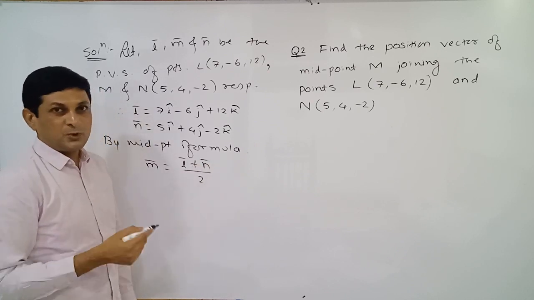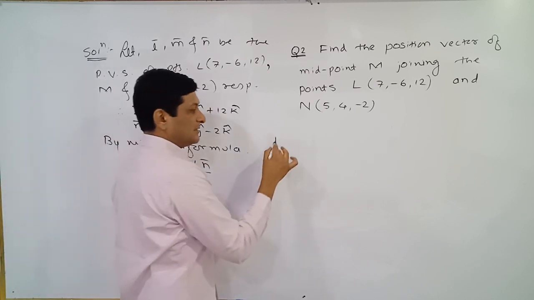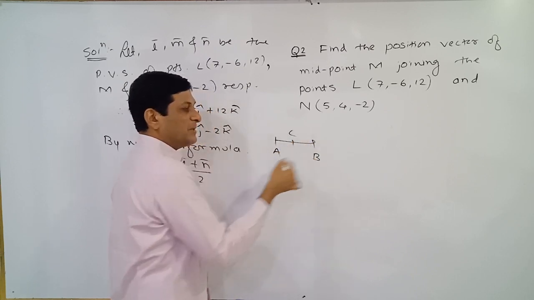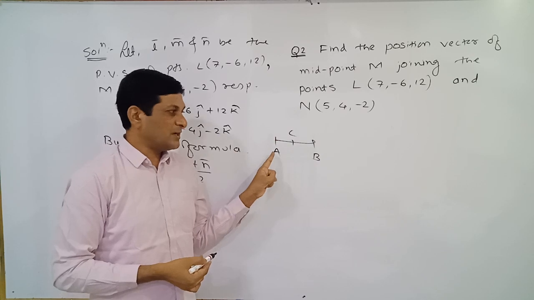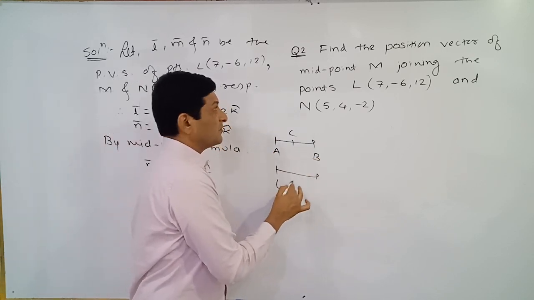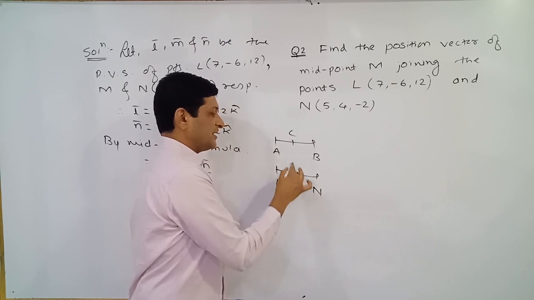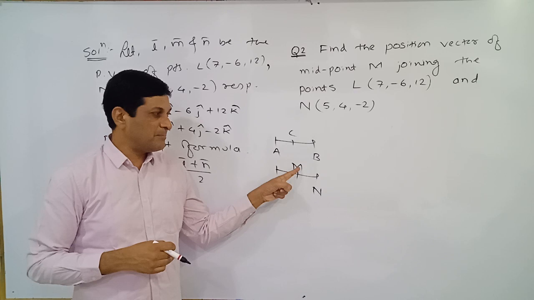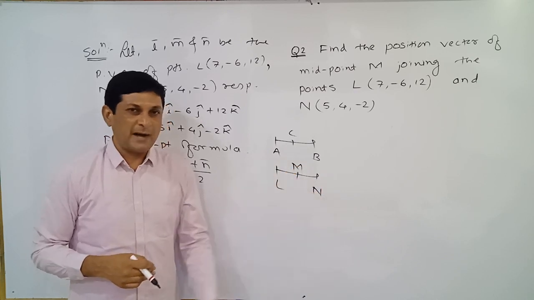We have already proved this in the last video: if C is the midpoint of AB, then C bar will be equal to A bar plus B bar upon 2. Here, what is the given condition? One segment LN is given to us and its midpoint is M. So according to the midpoint formula, M bar is equal to L bar plus N bar upon 2.